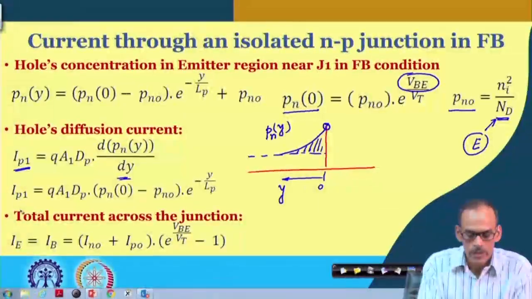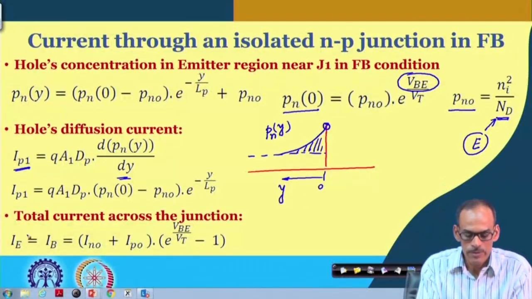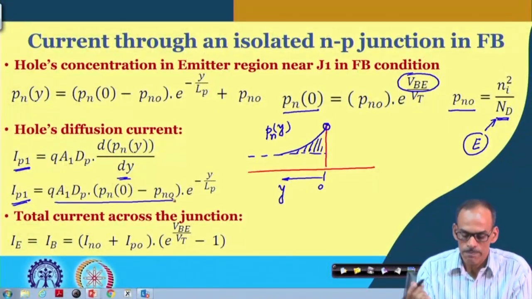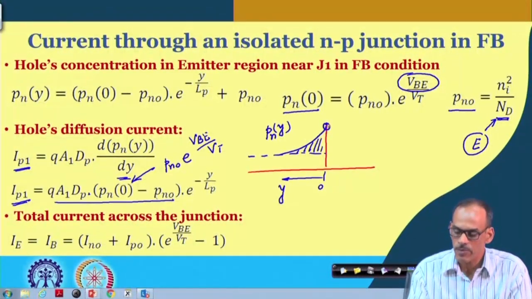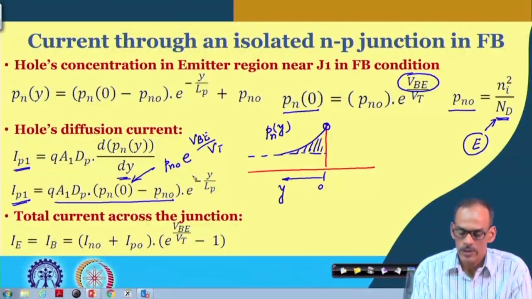In fact, similar to the previous case, you will find the expression of Ip1, the current carried by holes, is similar. This part again you may replace by pn0 e to the power Vbe by Vt. Then pn0 will be available here, and to get the current at this point, which means y equal to 0, you can drop this part at y equal to 0.